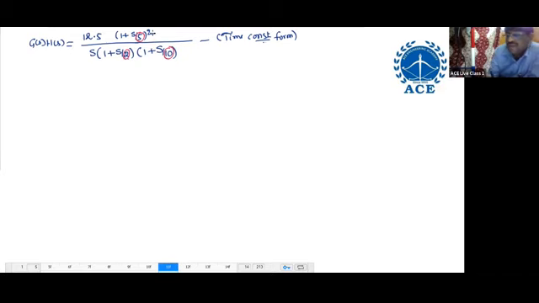To draw a Bode plot, first you calculate M initial. At what frequency do we calculate it? I already told you. What is the lowest corner frequency here? The corner frequencies are 2, 5, 10, and the lowest is 2.